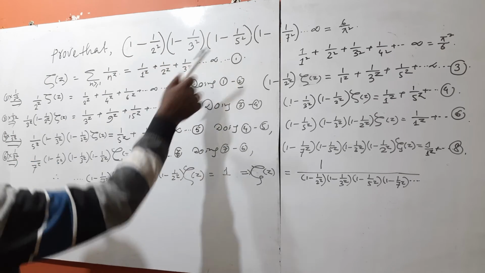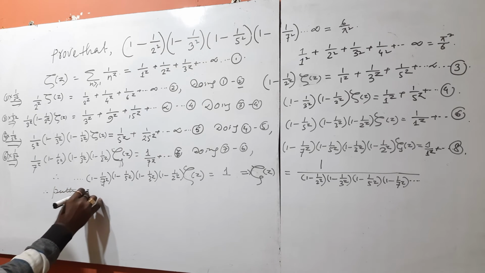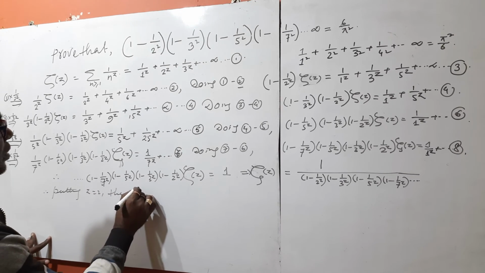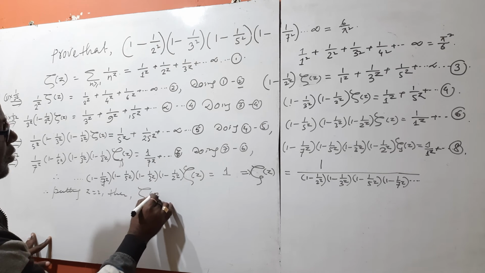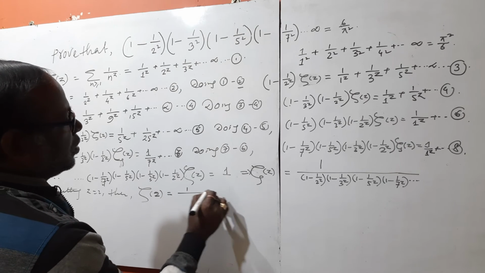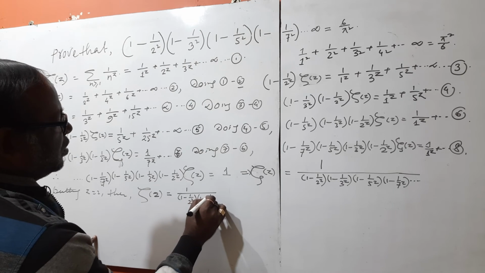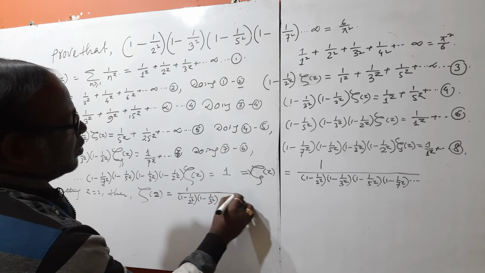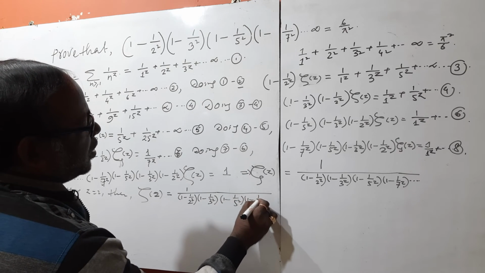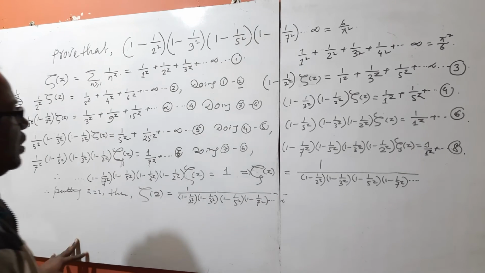Now the required power here is 2, so putting z equal to 2, then we get here 1 minus 1 by 2 to the power 2, 1 minus 1 by 3 to the power 2, 1 minus 1 by 5 to the power 2, 1 minus 1 by 7 to the power 2, dot dot to infinity.